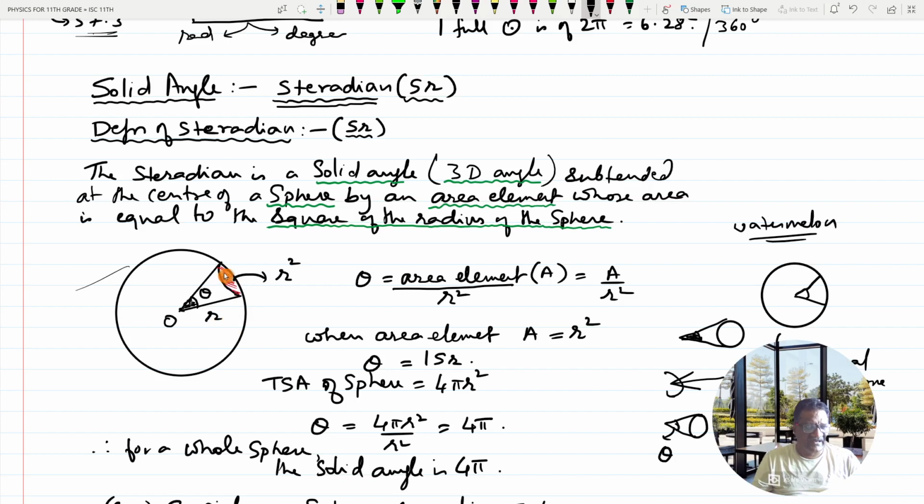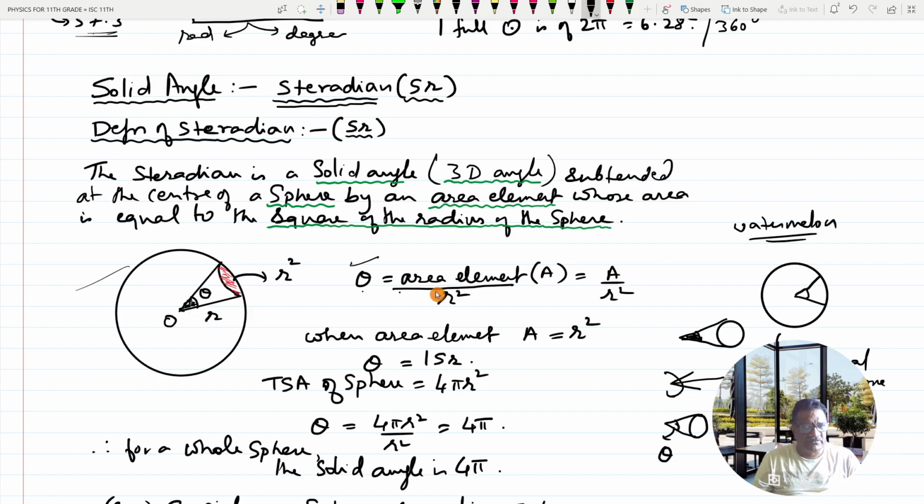So whenever this area is equal to the square of the radius, this particular angle is said to be 1 steradian. So this theta, the solid angle, is equal to this area element, the pink shaded region, divided by r square. r is the radius of the sphere.